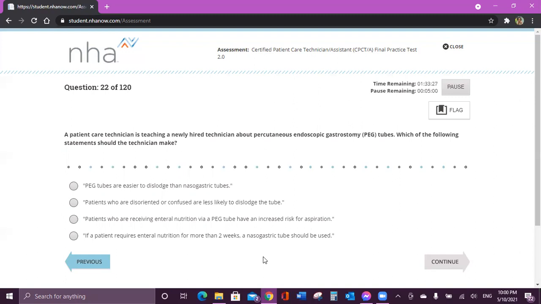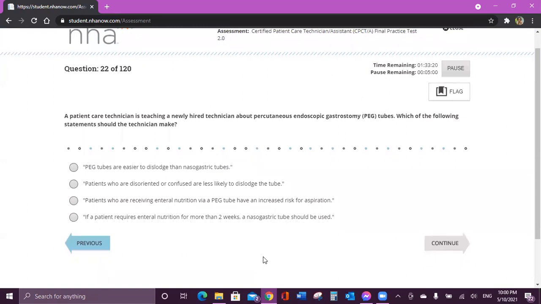PEG tubes are easier to dislodge than nasogastric tubes. Patients who are disoriented or confused are less likely to dislodge the tube. Patients who are receiving enteral nutrition via a PEG tube have an increased risk for aspiration. If a patient requires enteral nutrition for more than 2 weeks, a nasogastric tube should be used.